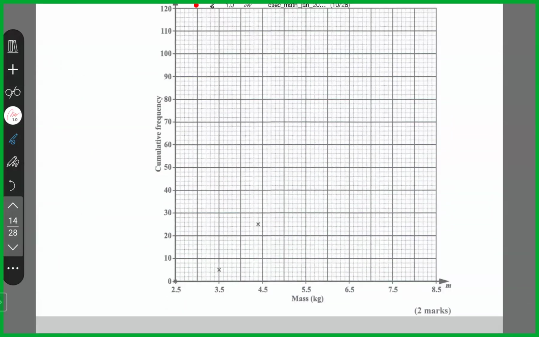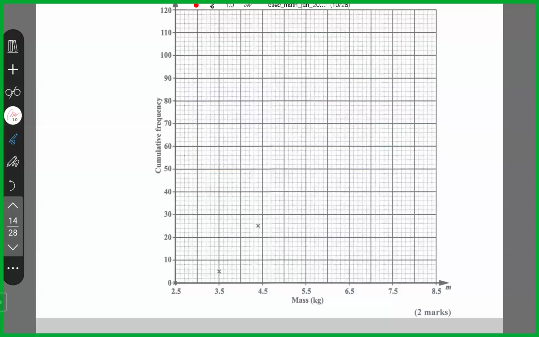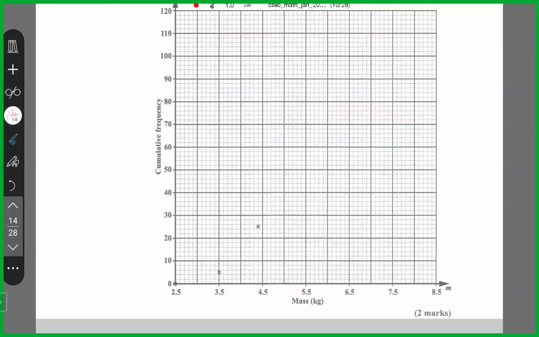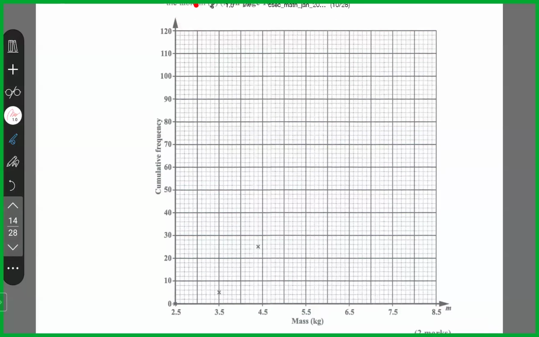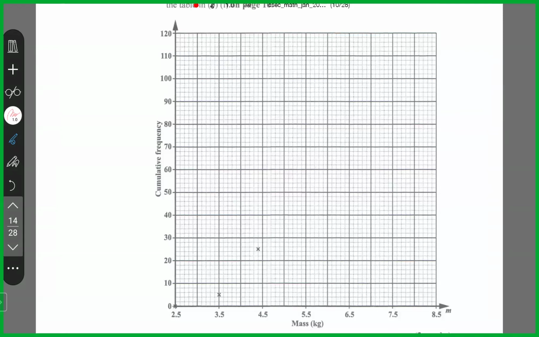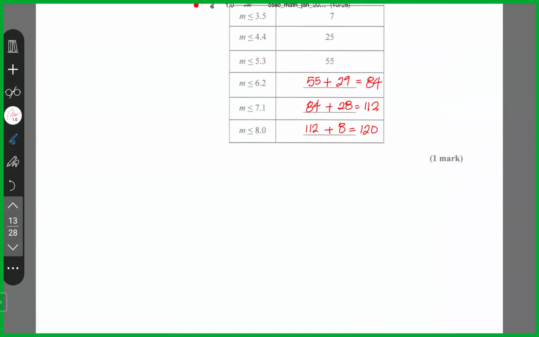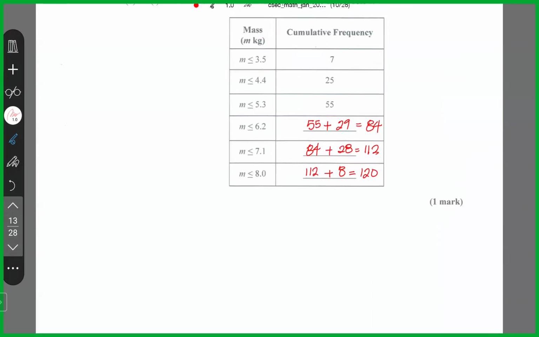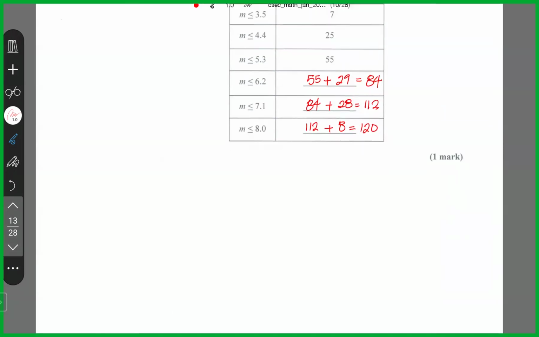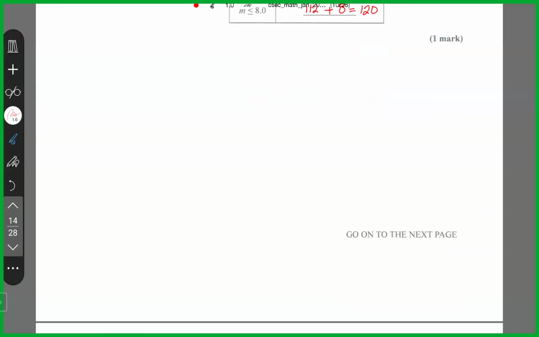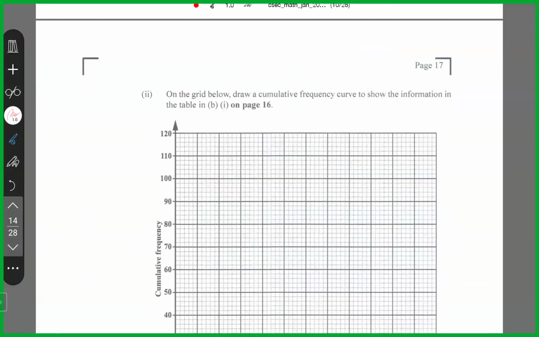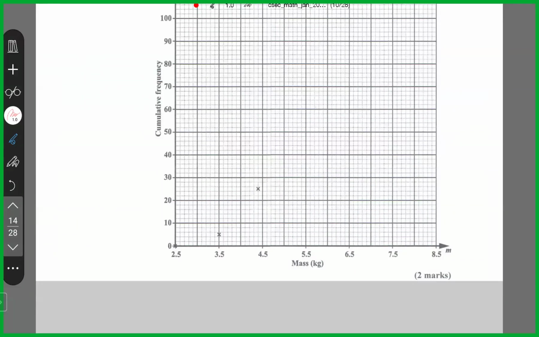So next we're going to plot this information to draw the graph. When the upper class boundary is 5.3, we get a cumulative frequency of 55. So 5.3 corresponds to 55.